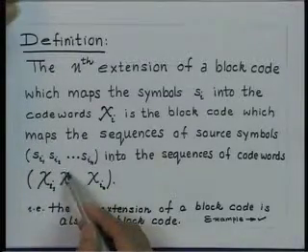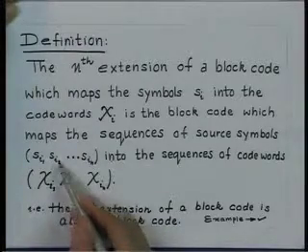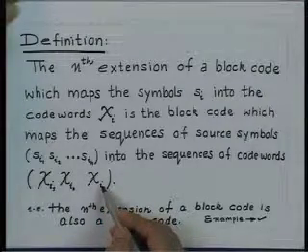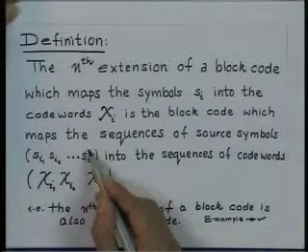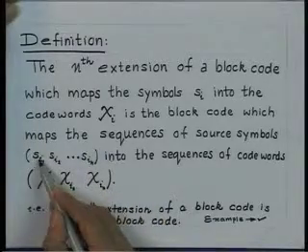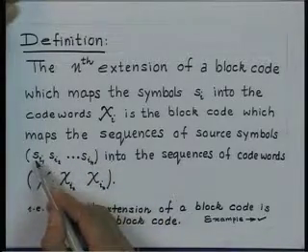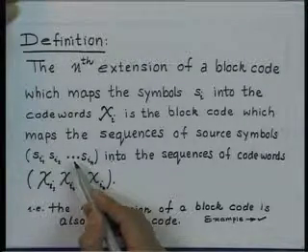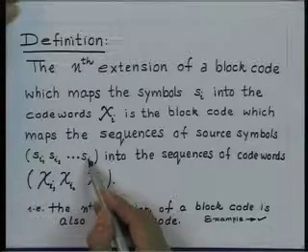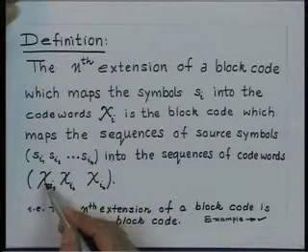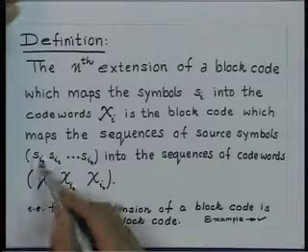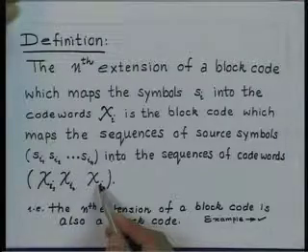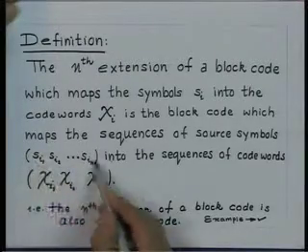Similarly, Xi2 is the corresponding code word for Si2, and finally Xin is the corresponding code word for the symbol Sin. So, you form the sequences of source symbols of length n, then to get the sequence of code symbols, you just concatenate the corresponding code words.